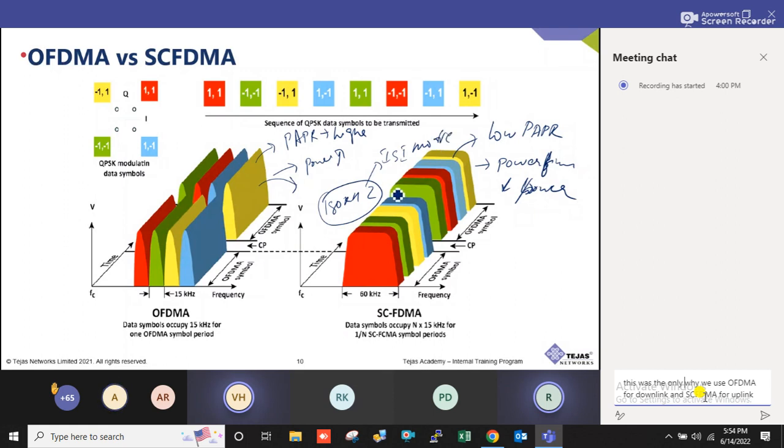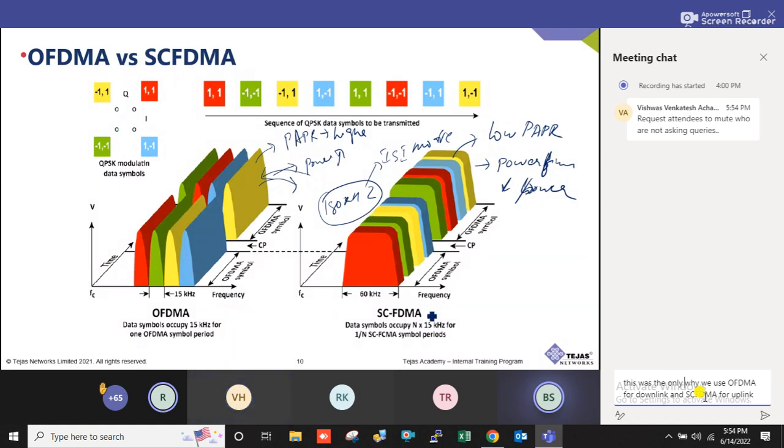The intersymbol interference becomes high, and to counter that again we have to cut it down into smaller frequency, isn't it? So we don't get that coherence bandwidth. So to get that coherence bandwidth, again we have to go for OFDM. You're getting my point?